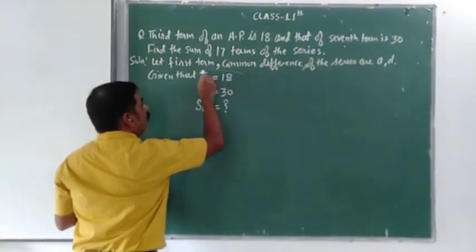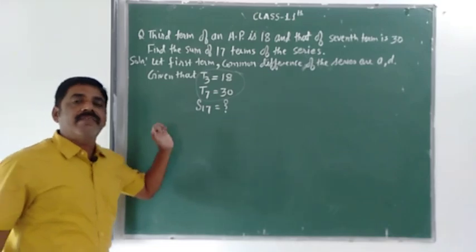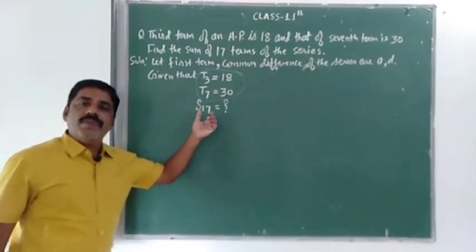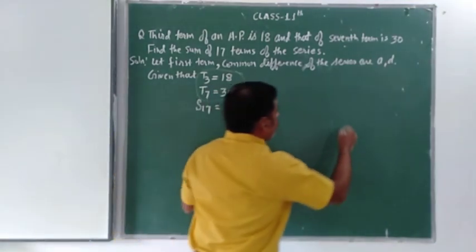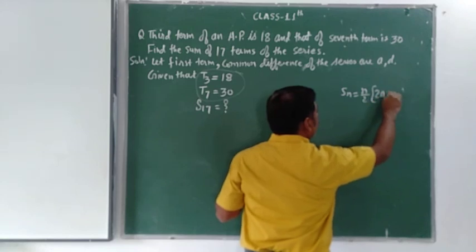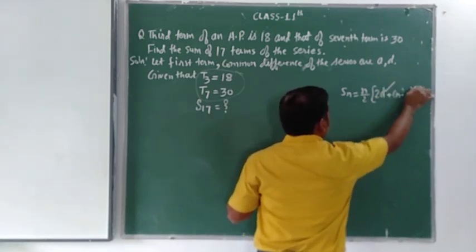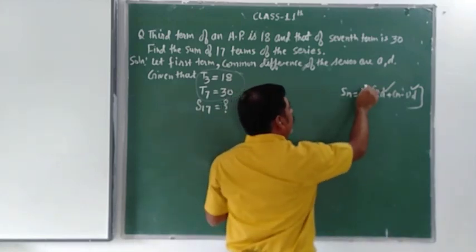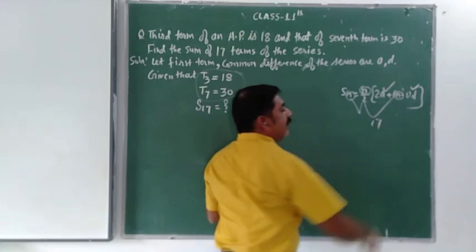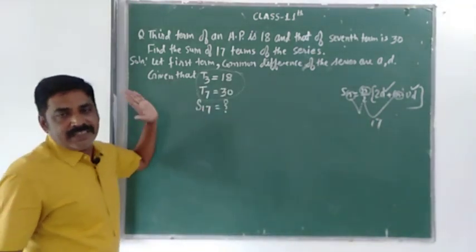So with the help of these two conditions, first of all find the values of A and D, and then apply the formula of Sn. Sn is equal to n by 2 into 2a plus n minus 1 into D. So putting the values of A and D, and in place of n we have to put 17, because we have to find sum of 17 terms.